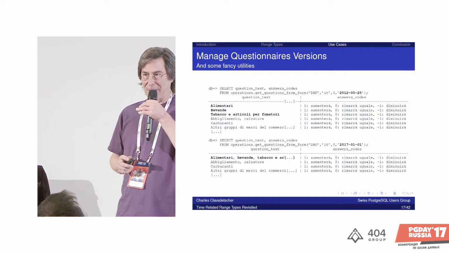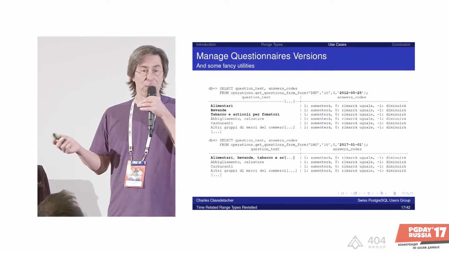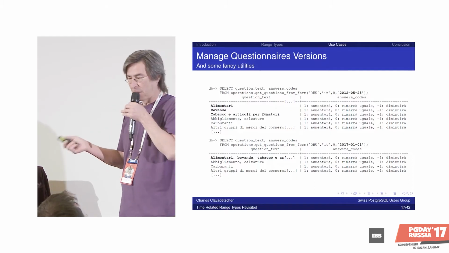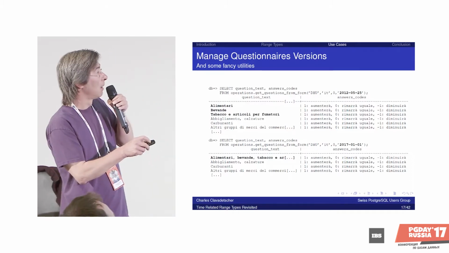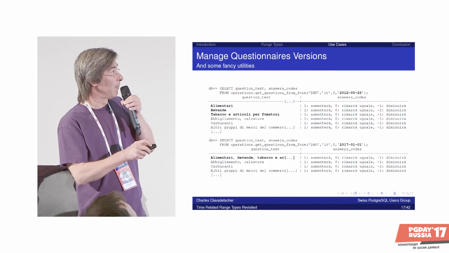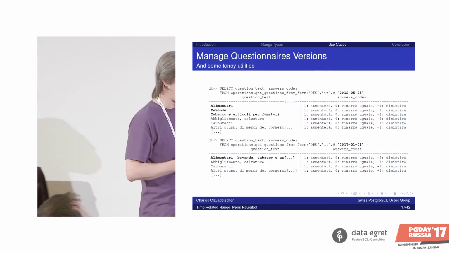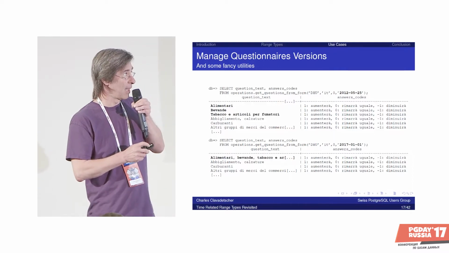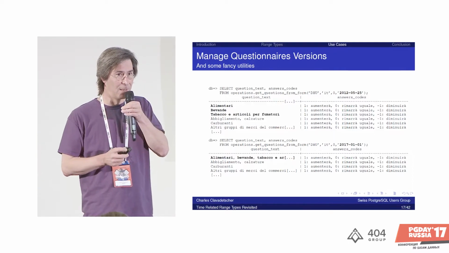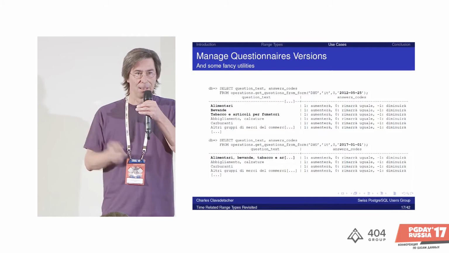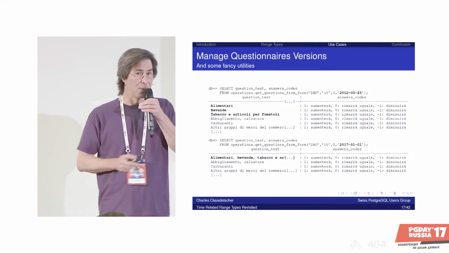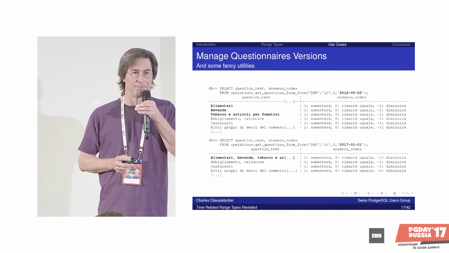Now the point is that if a researcher comes to us and says, okay, give me all the data for that question, because he knows today we have this question, right? If we go back, we must be able to tell him, look, you can have this question, yes, but until that day, we actually had three questions, so you have to tell me how you want it.